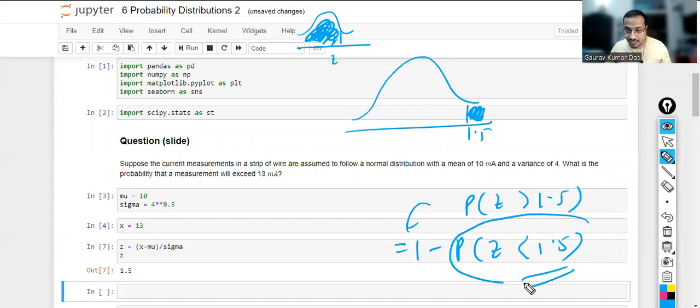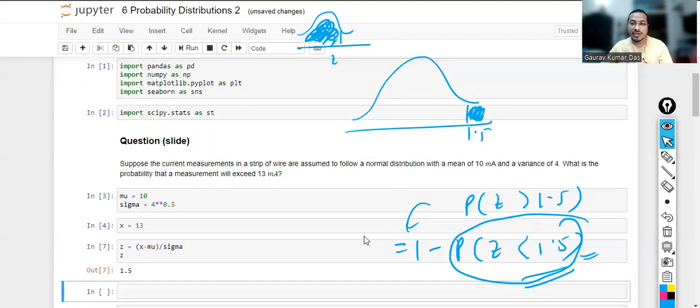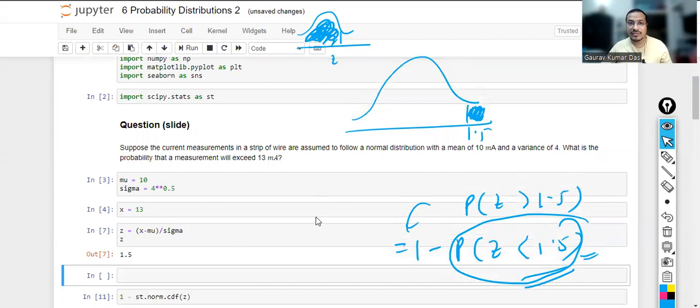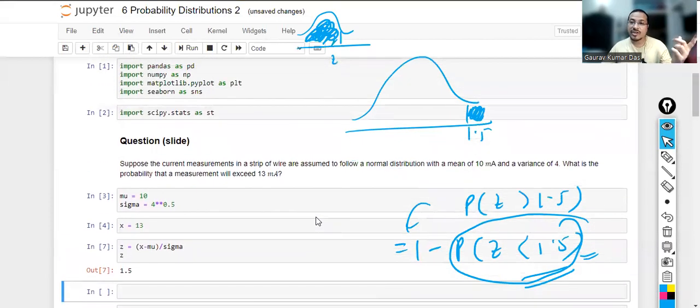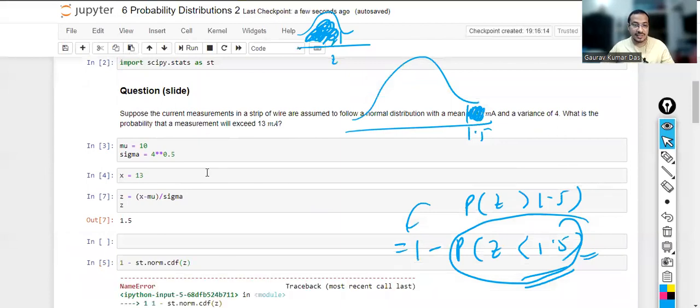Now the probability of this can be easily found using a function called norm.cdf, because it's cumulative. Earlier it was binom.pmf or binom.cdf, Poisson.cdf. This is norm.cdf of z, where z is 1.5.